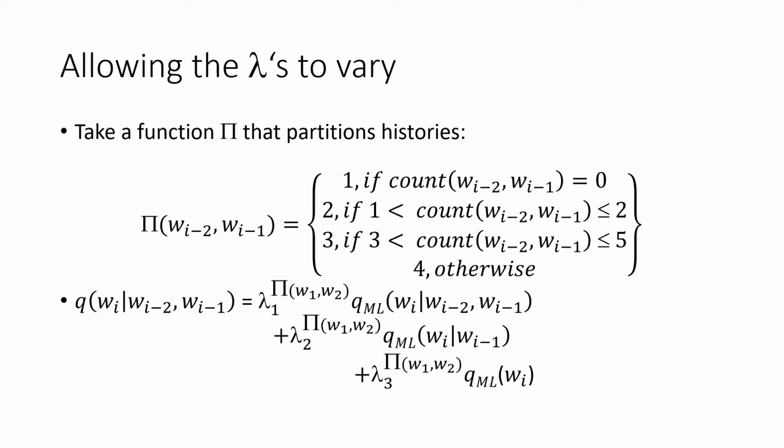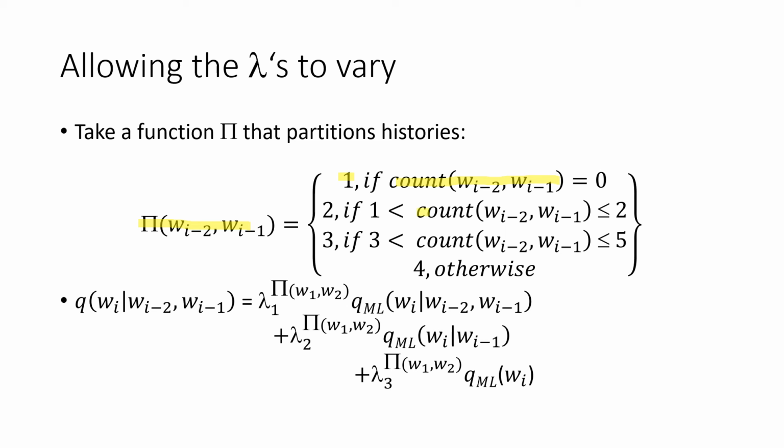It has been shown in practice that by allowing the lambdas to vary, we can obtain even better results. So here we have an example of a function that partitions histories. The function pi of a bigram is defined as follows. For the count of bigrams that is 0, we define the value of this function as 1.